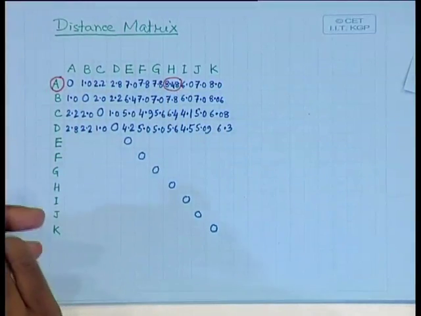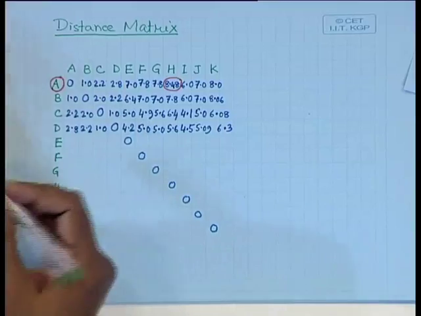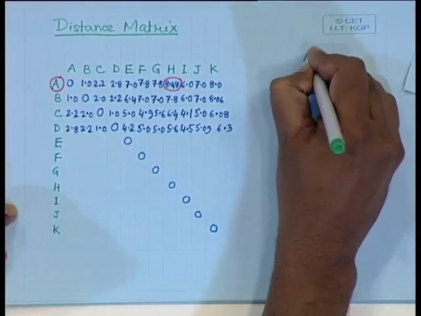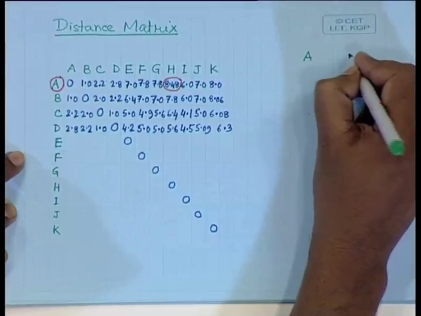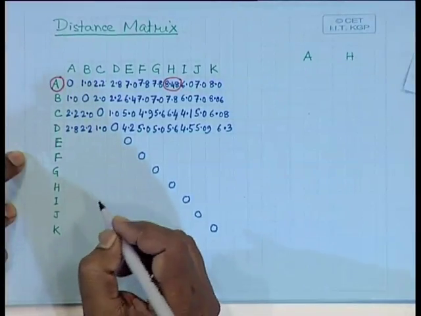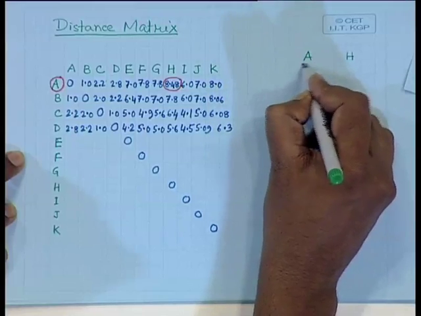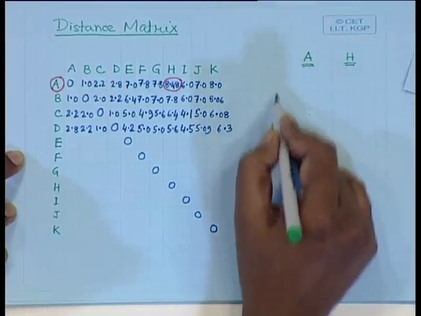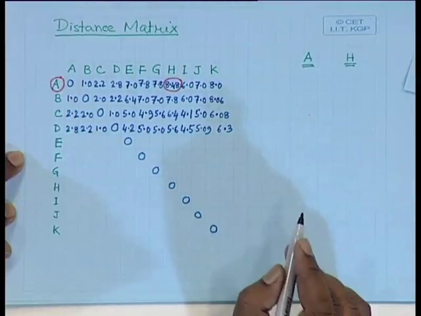So, the first cluster center that I have is the feature vector A, and the second cluster center is the feature vector H. Okay. So, once I have these two cluster centers, I have to compute the distances of all other points from these two cluster centers.